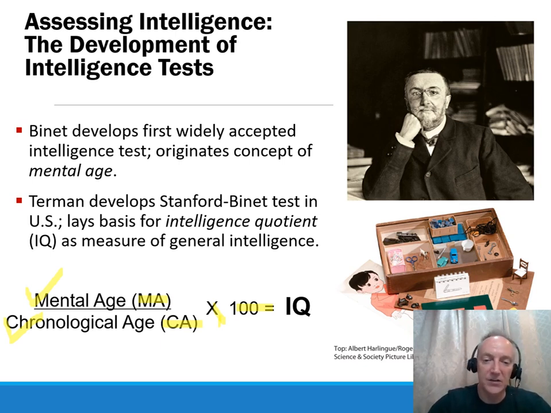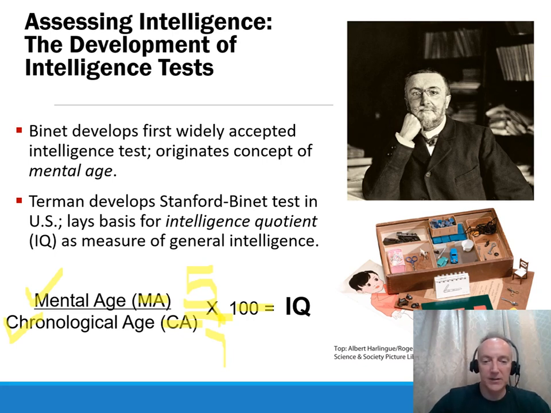So let's again assume we've got a 7-year-old, that's our chronological age. Let's say we gave him all these tasks and he was only able to do what the typical 5-year-old could do. So his mental age was 5. So now I've got 5 over 7 times 100. What's his IQ now?